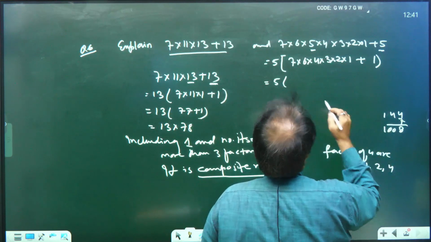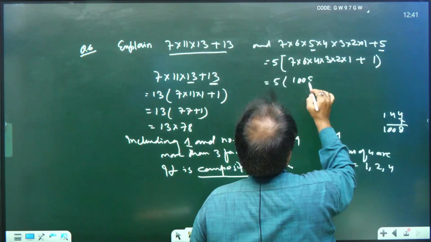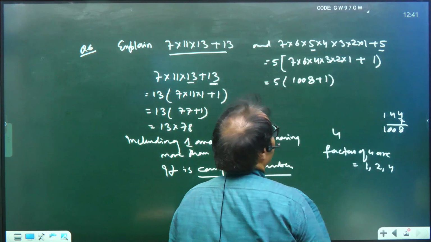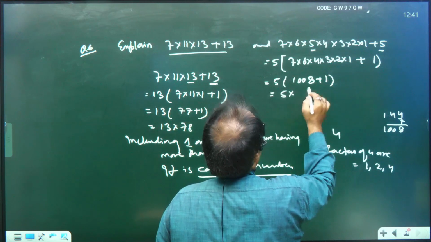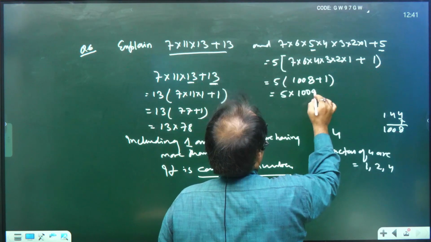So 1008 plus 1. So this equals 5 into 1009.